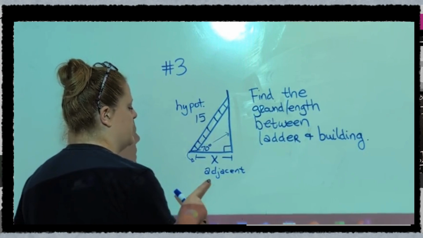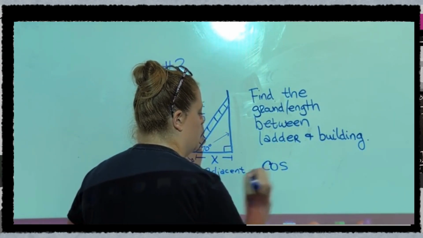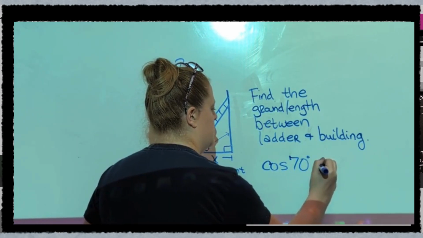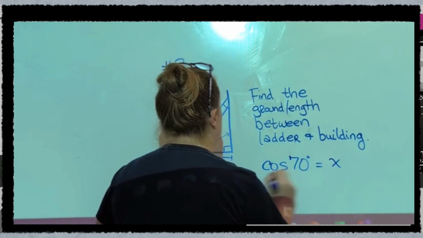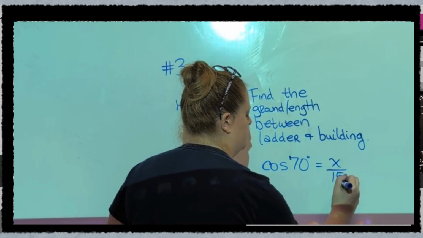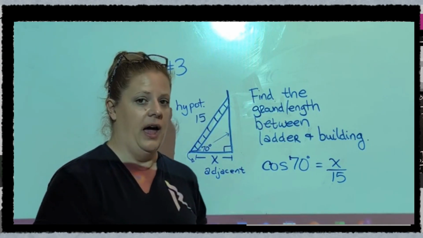Which means for me, adjacent and hypotenuse, I am using cosine. So cosine of 70 degrees is equal to x divided by 15.